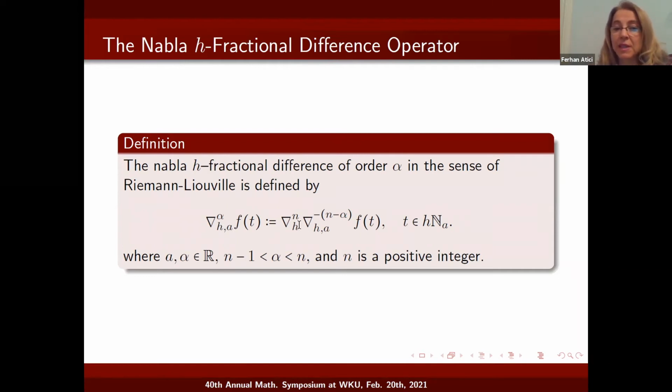So in this case, n is going to be 1. Then you have 1 minus 1 over 2, which gives you 1 over 2. So you are doing a 1 over 2 order sum to function f, then you are doing the nabla operator to it. That's how we calculate the order 1/2 difference operator in this discrete time domain.